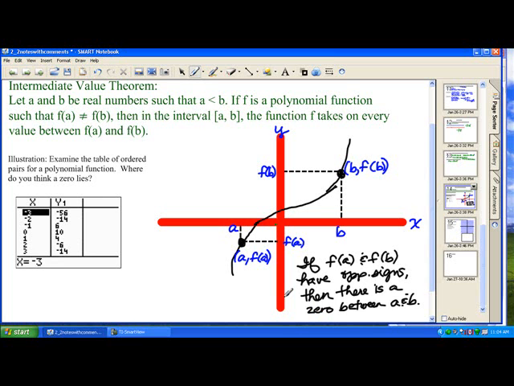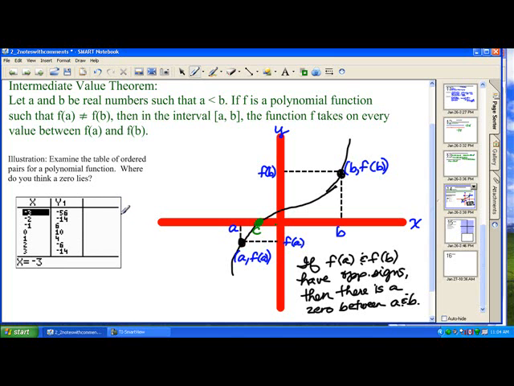Think about that, because in a polynomial function, if you go from a negative output to a positive output, that means you're crossing the x-axis. So there has to be some zero between a and b. There's some point c between a and b such that f of c is equal to 0.